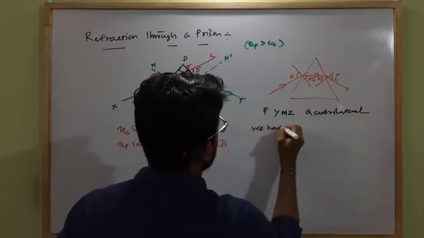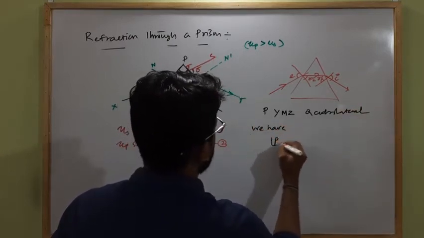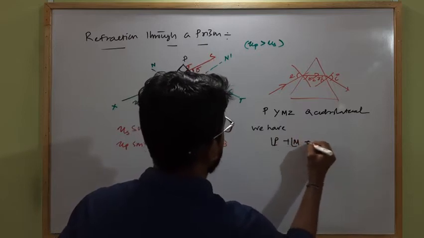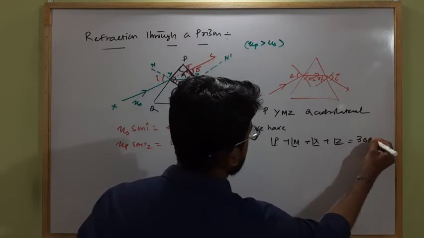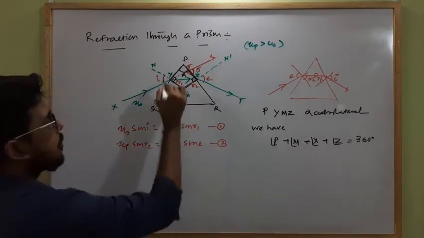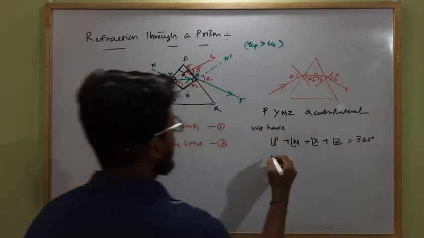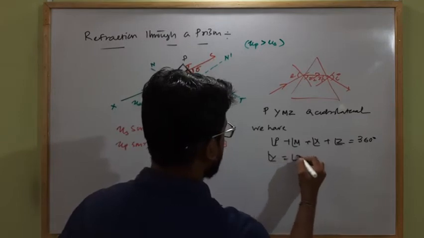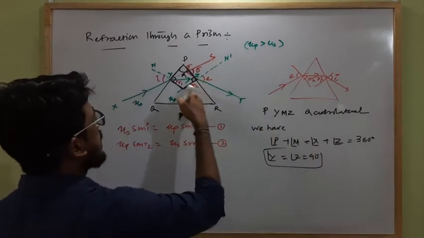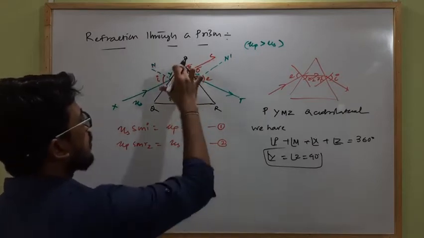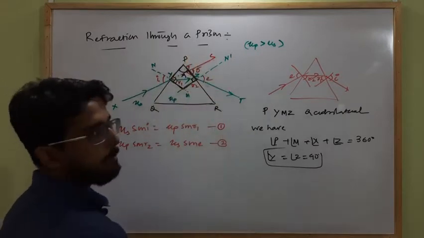So in the quadrilateral PYMZ, we have angle P plus angle M plus angle Y plus angle Z equal to how much? 360 degrees. Clear? But Y and Z are both 90, so angle Y equals angle Z equals 90 degrees, because N'M and NM are perpendicular, or normal, to the surfaces PQ and PR.